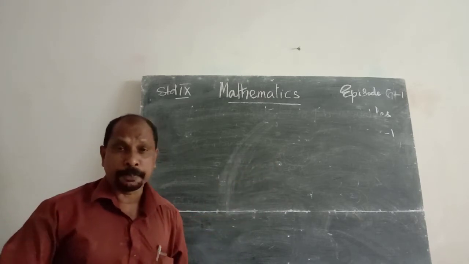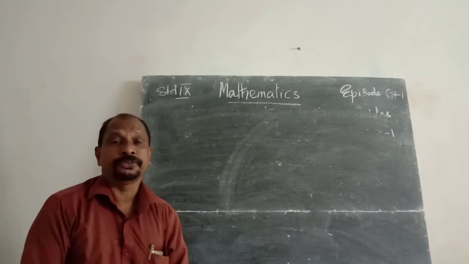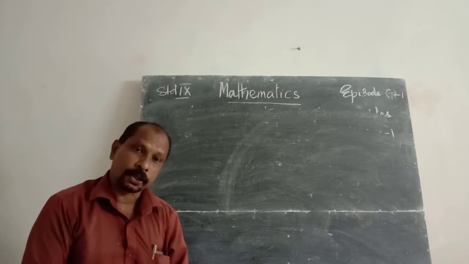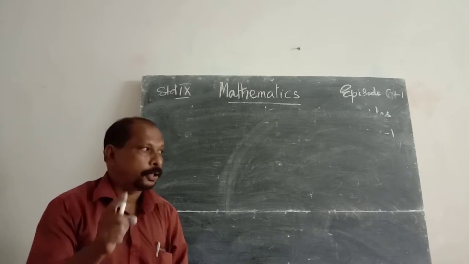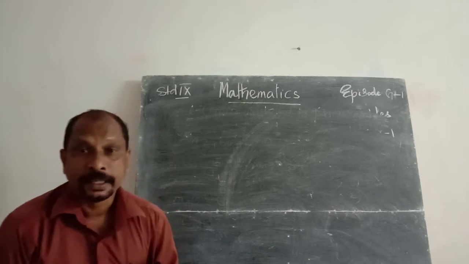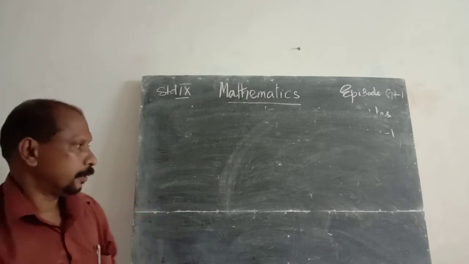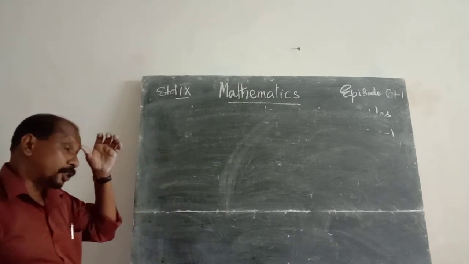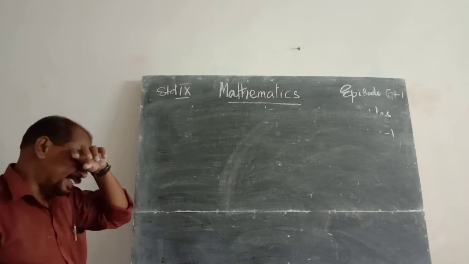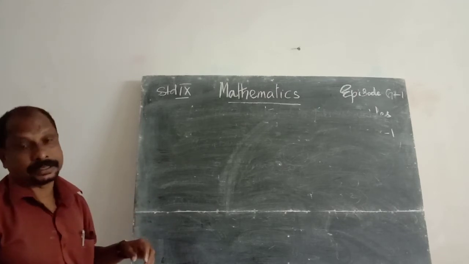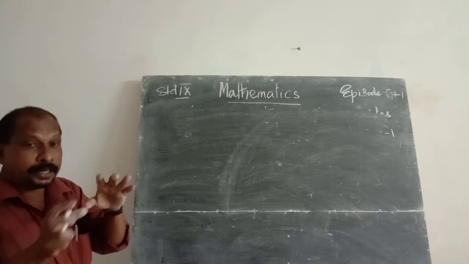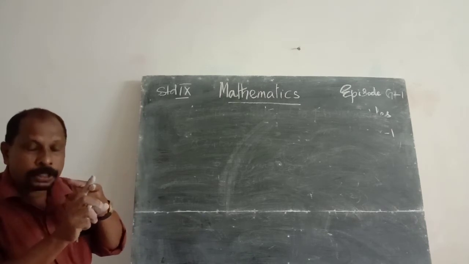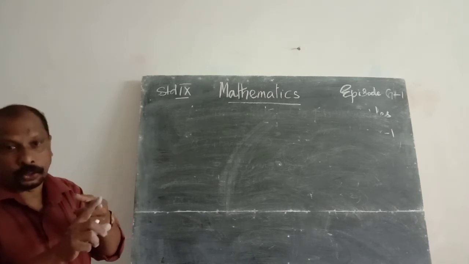Therefore, the graphic presentation of a linear equation in two variables is a straight line. And when there are two linear equations with variables x and y, they are related. The common point between these two is the solution.